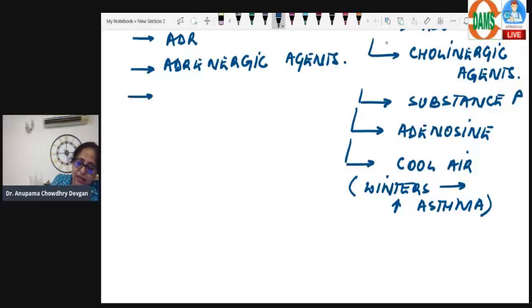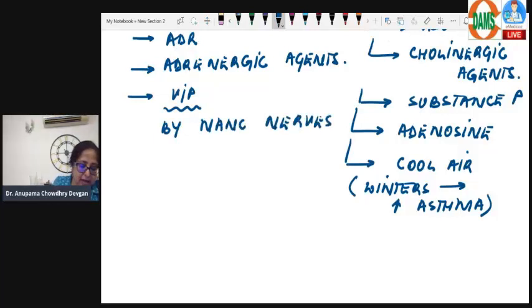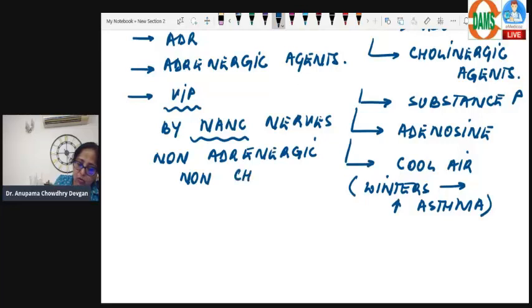On the other hand, VIP, vasoactive intestinal peptide, is secreted by NANC nerves. What is NANC nerves? This is non-adrenergic, non-cholinergic nerves.